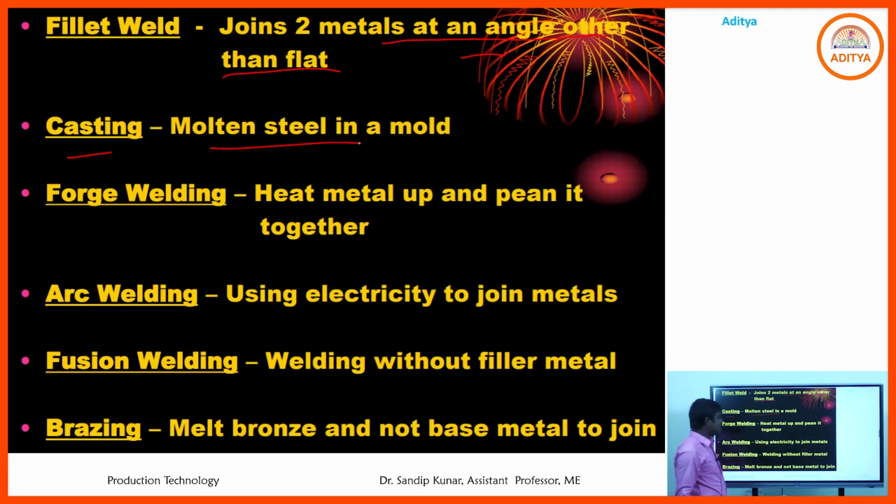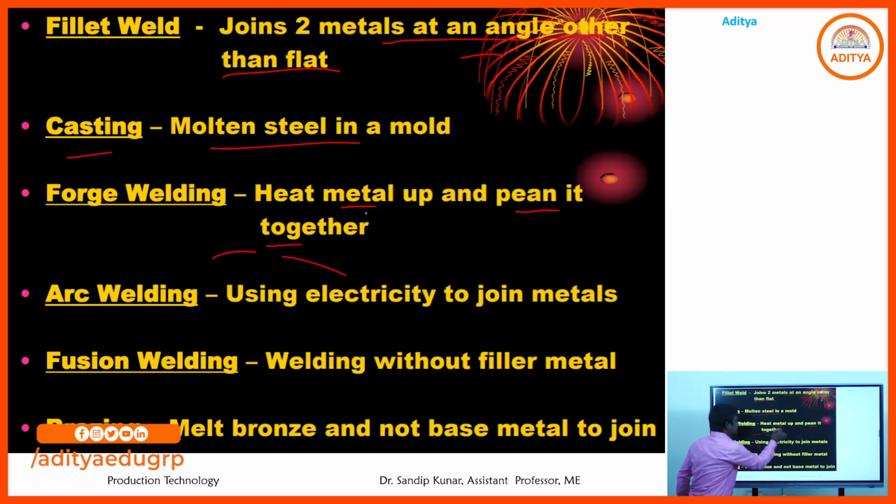Forge welding means heating the metal up and pinning it together. In the case of forge welding, what happens? We heat the metal, and after heating, we give it a particular shape as per our requirements, pinning it together.